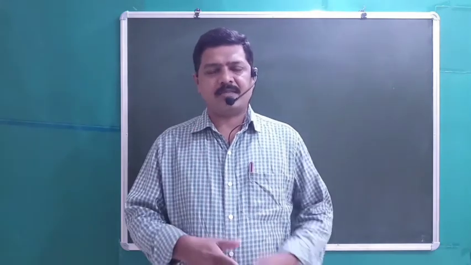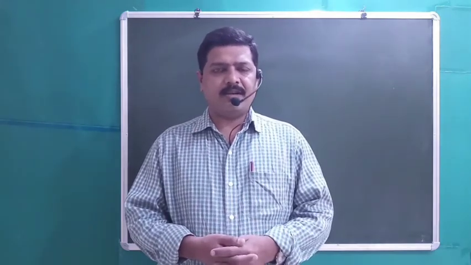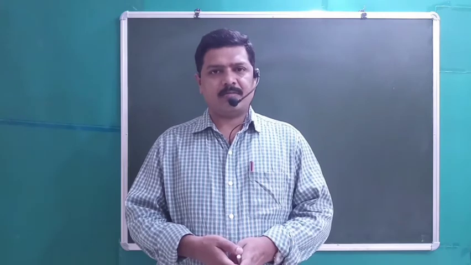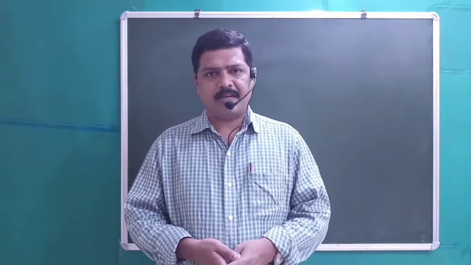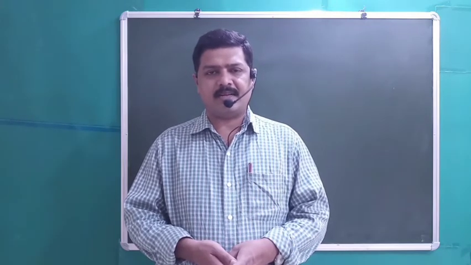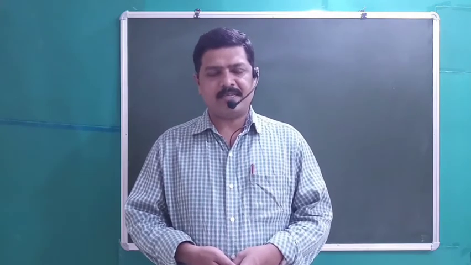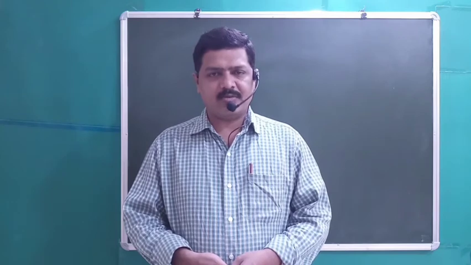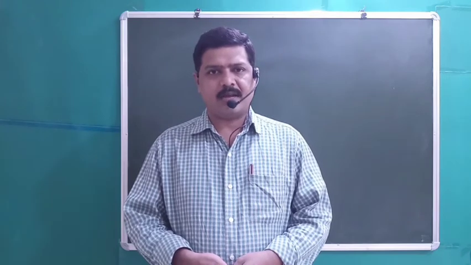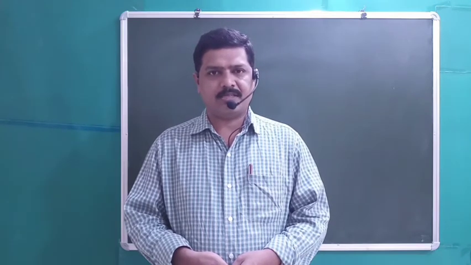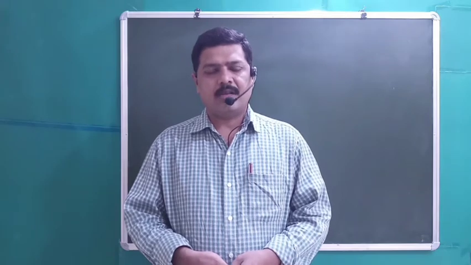Hi dear students, in the earlier video we discussed the classification of elements, that is metals and non-metals. Metals are the atoms of elements which easily lose electrons and form electropositive ions, known as cations.